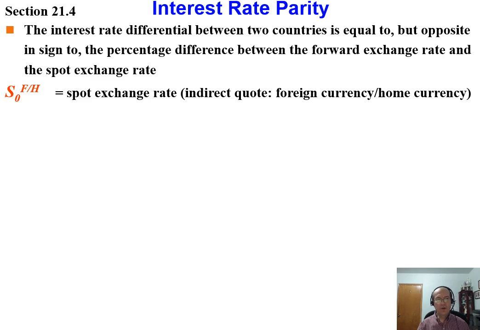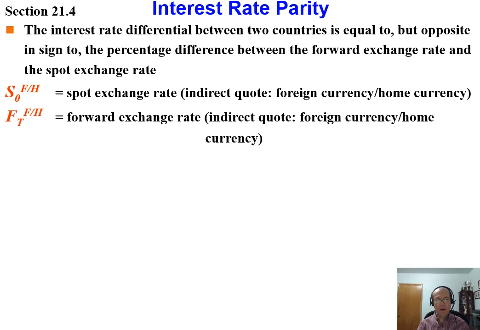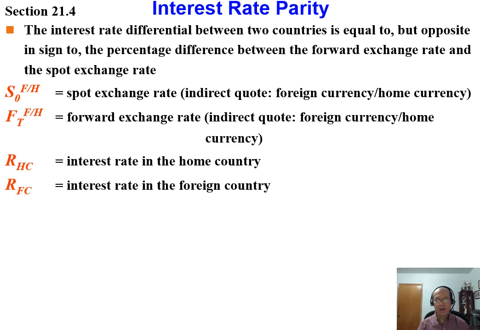If we use the following notation, we have the spot exchange rate, and we use an indirect quote, which shows the number of units of foreign currency to buy 1 unit of home currency. And we have the forward exchange rate, and RHC stands for the interest rate in the home country. RFC stands for the interest rate in the foreign country.